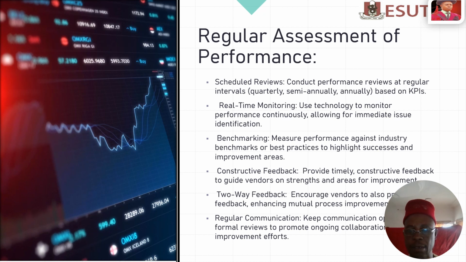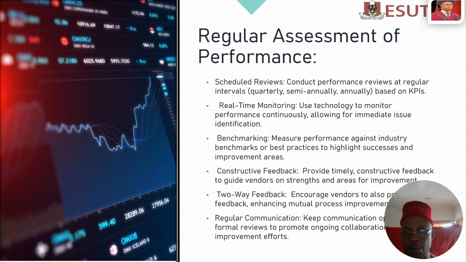Constructive feedback. Provide timely and constructive feedback based on performance reviews. Highlight areas where the vendor meets or exceeds expectations, as well as areas needing improvement. Two-way feedback. Encourage vendors to provide feedback on their experience working with the organization.